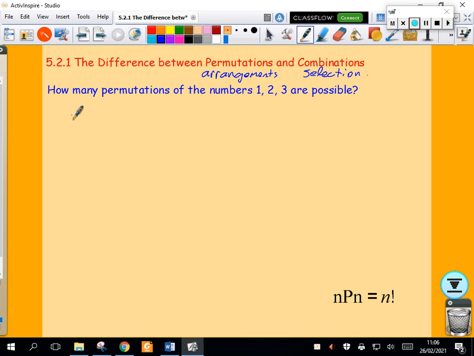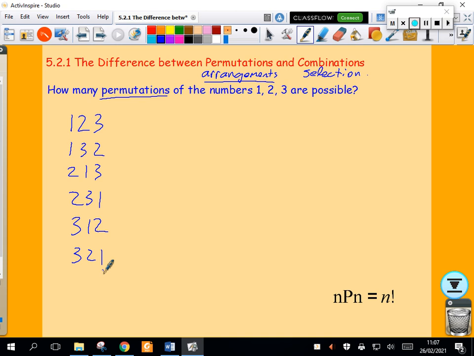So 1, 2, 3, that's a combination of 3 digits. How many different arrangements, how many different permutations, can be made of these 3 numbers? What if we just think about this as 123 and we start to increase the value of the number as we go along? The next number would be 132, then 213, then 231, then 312, and then 321.